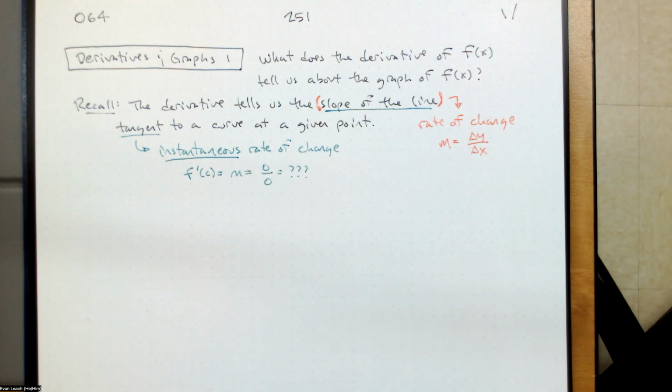Here's where we want to go with this. If the slope of the line tangent to a curve at a given point is positive, that means the values of the function are going up. The derivative is telling us the direction of the function.